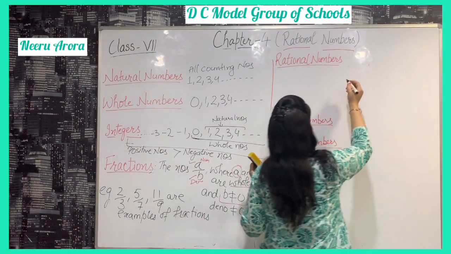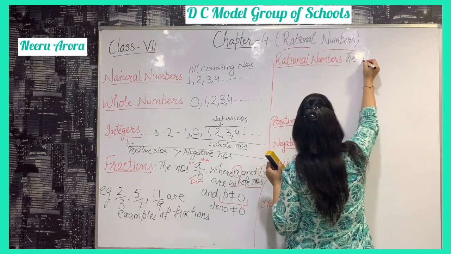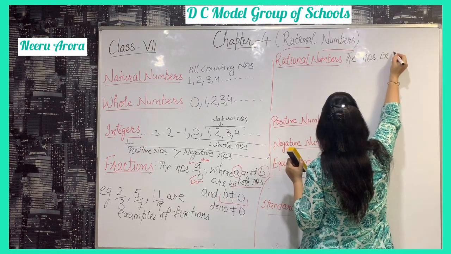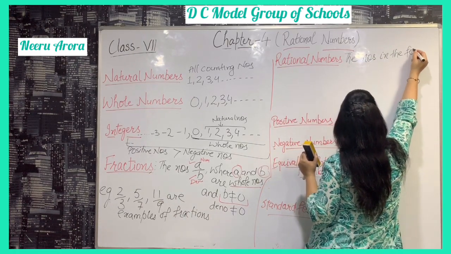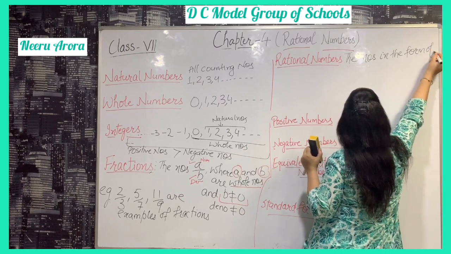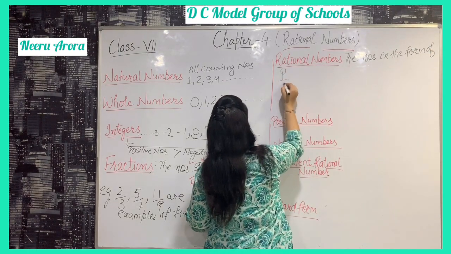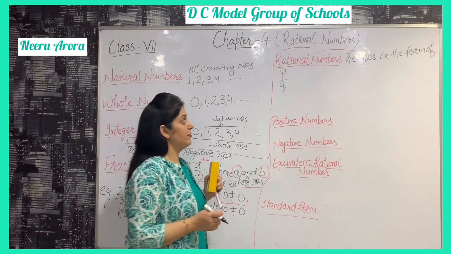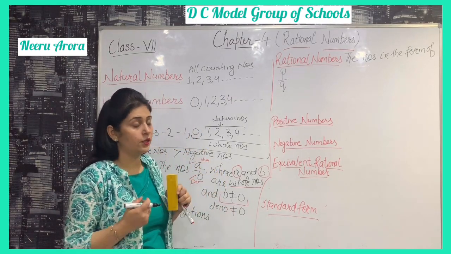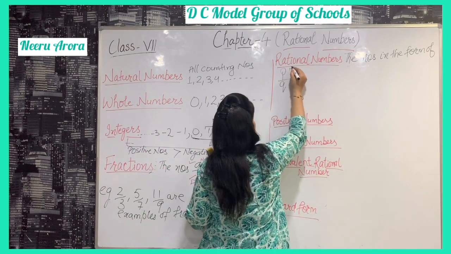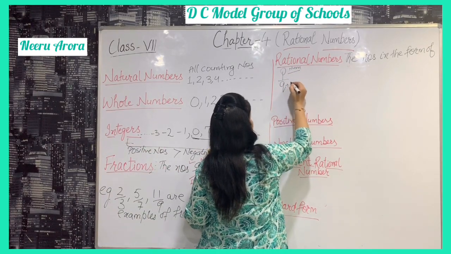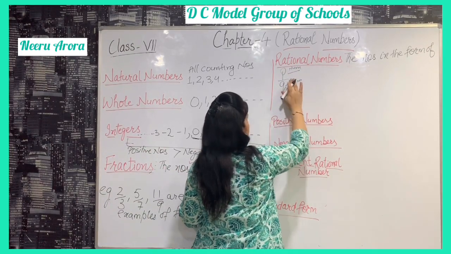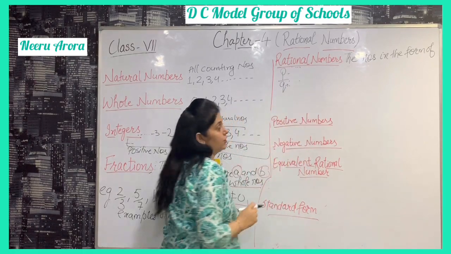Again, the numbers in the form of P by Q. Again, numerator by denominator: P is the numerator, Q is the denominator.